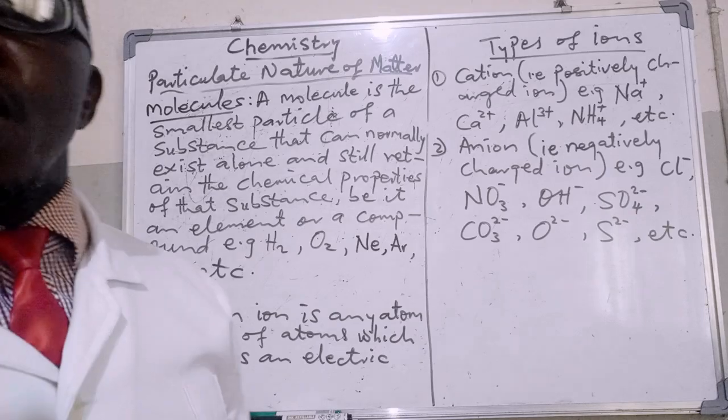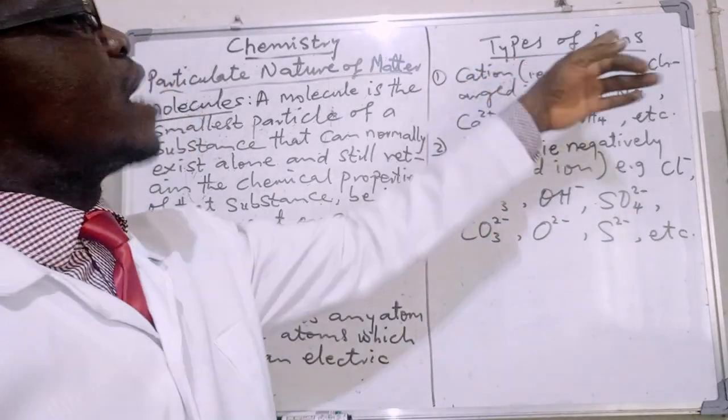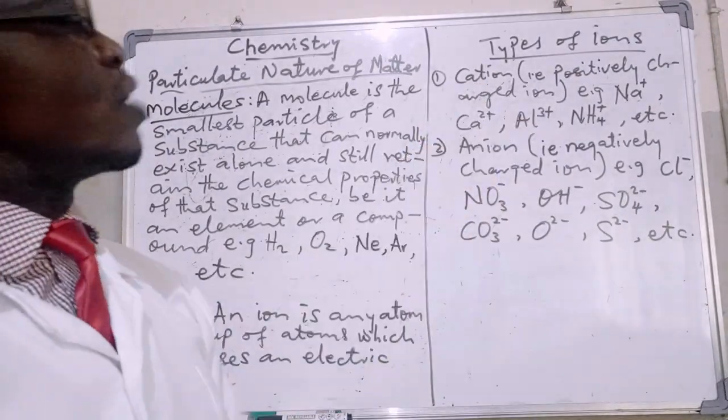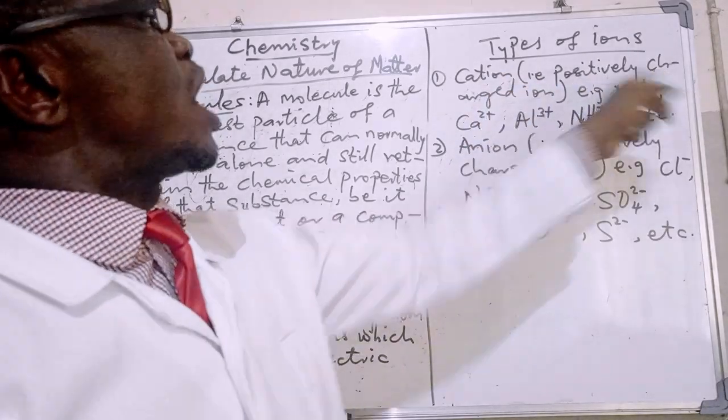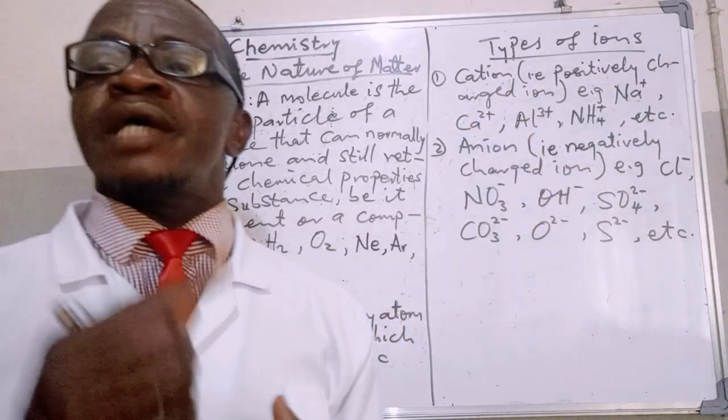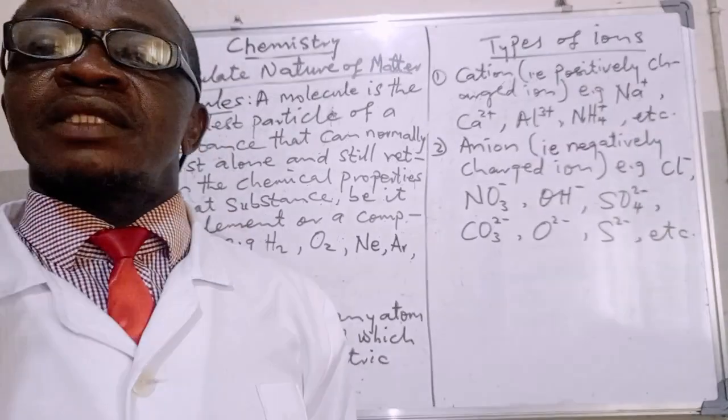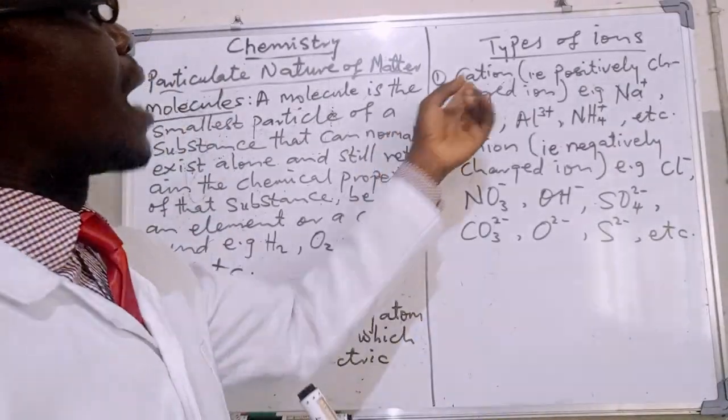Now, we have two types of ions. One is cation, and the cation is what? Positively charged. Those ions that carry plus are cations.